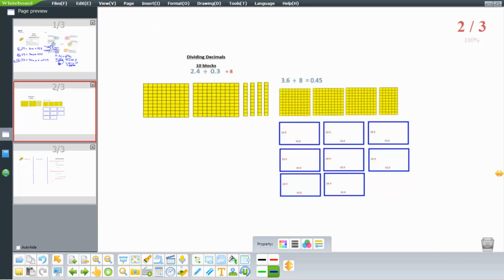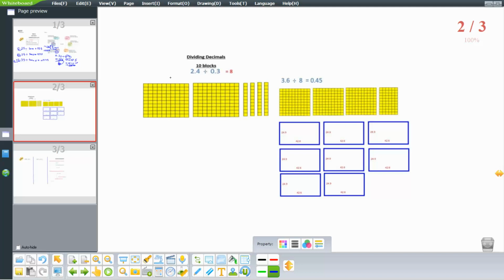Let's see, we have here dividing decimals. First one: 2.4 divided by 0.3. Let's draw the 10 blocks, which means we are going to use tenths.